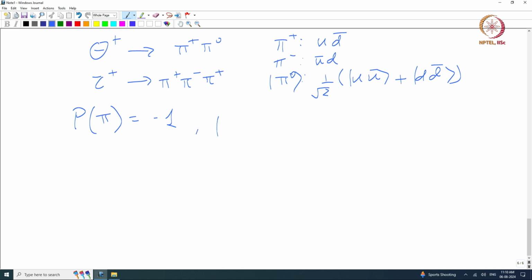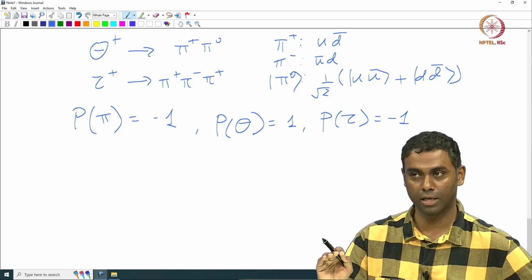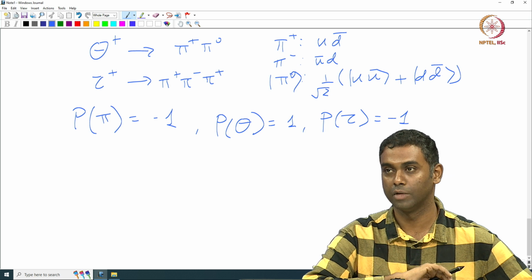So that meant that the intrinsic parity of the theta was 1, because it's -1 times -1, and the intrinsic parity of the tau was -1, because it's -1 times -1 times -1 on the right hand side. This is like any other quantum number that you assign to a particle, like spin and charge. This is another intrinsic quantum number, and that is how they knew that since the tau and the theta go to different final states, they have completely different intrinsic parities. So they assigned completely different identities to these two mesons.